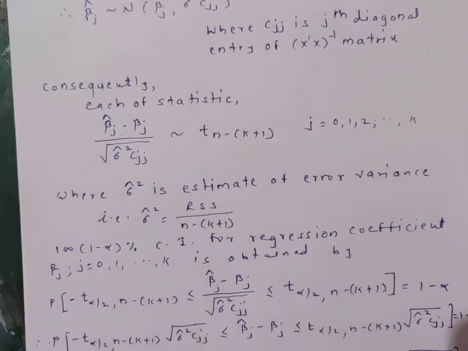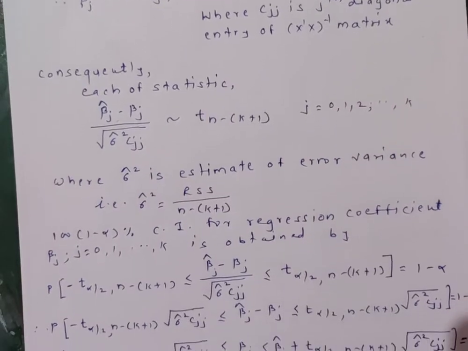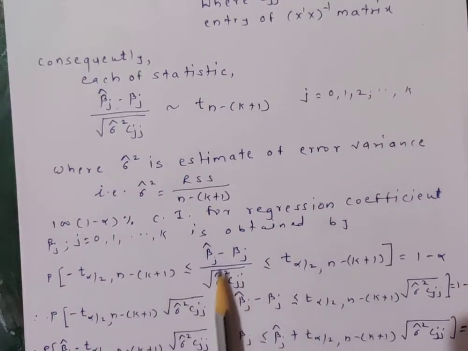Now we can simplify the steps by multiplying this term by the denominator. So we get minus t alpha by 2, n minus k plus 1 times square root of sigma hat square Cjj, which is less than or equal to beta j hat minus beta j, which is less than or equal to t alpha by 2, n minus k plus 1 times square root of sigma hat square Cjj, with probability 1 minus alpha.